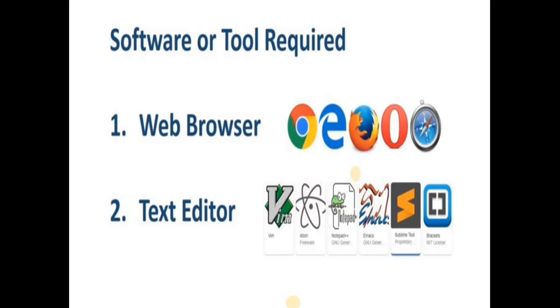In coding we need some web browsers like Chrome and Mozilla Firefox. We need a web browser to view the HTML, and we must also have a text editor like Sublime Text Editor and Visual Studio Code, which we're going to use today.